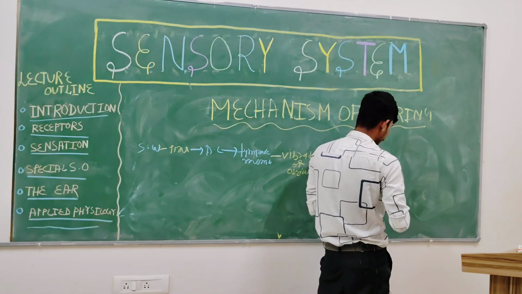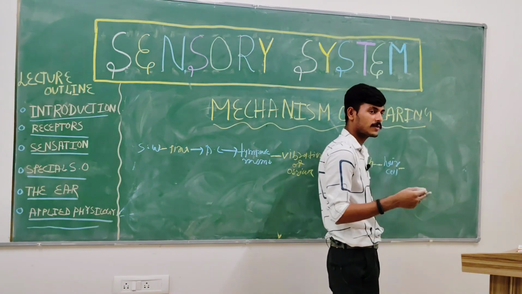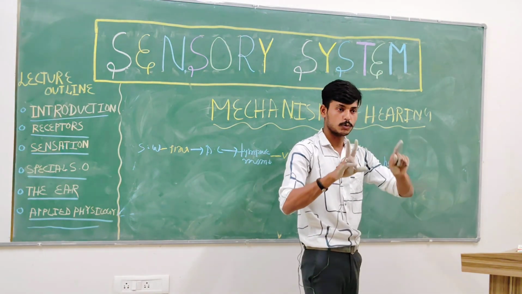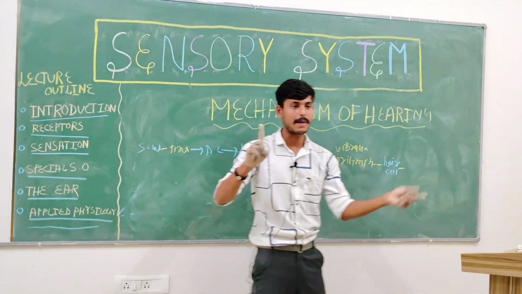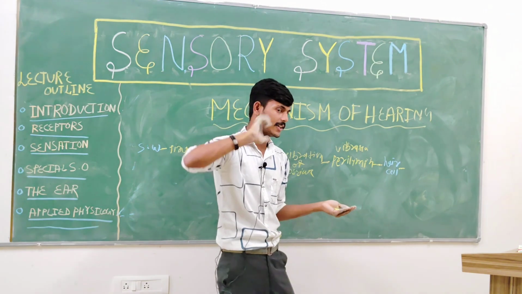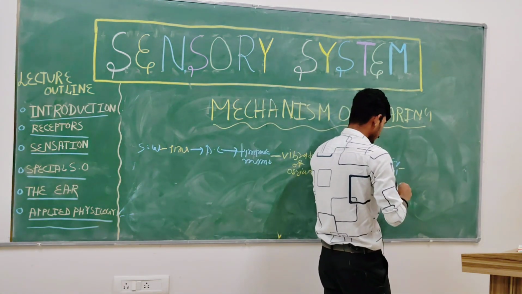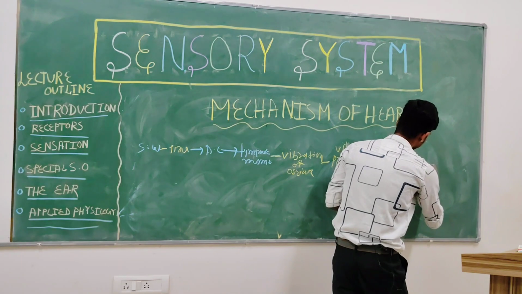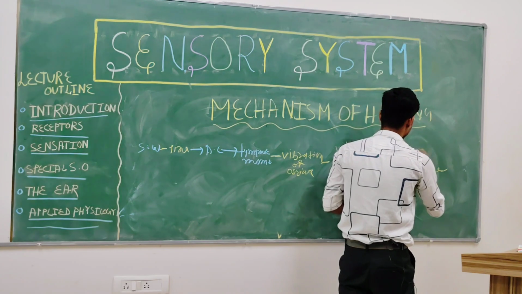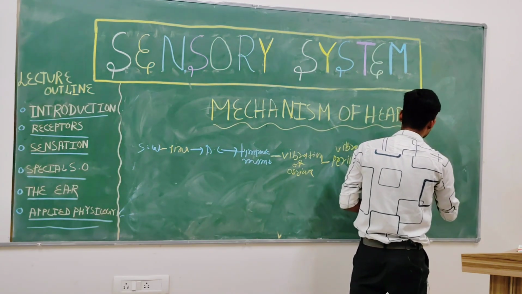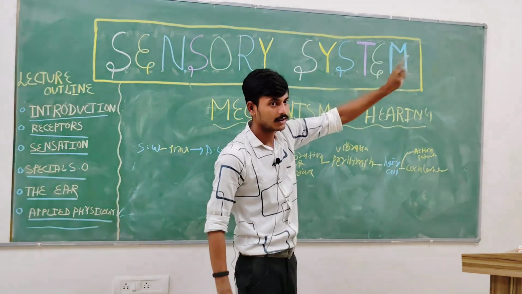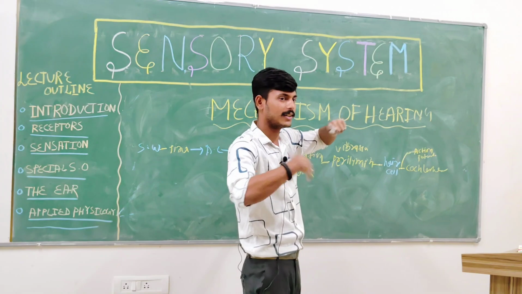The hair cell is attached with the auditory nerve, or we can say the vestibulocochlear nerve. The vestibule part is concerned with balancing, whereas the cochlear part is concerned with hearing. The cochlear nerve generates the action potential, and through this pathway it goes to the temporal cortex. Then the sound is analyzed and received.